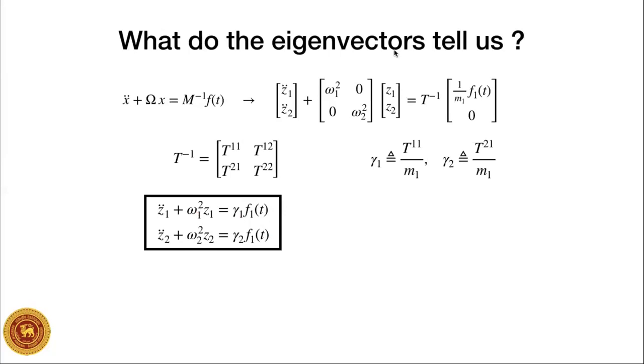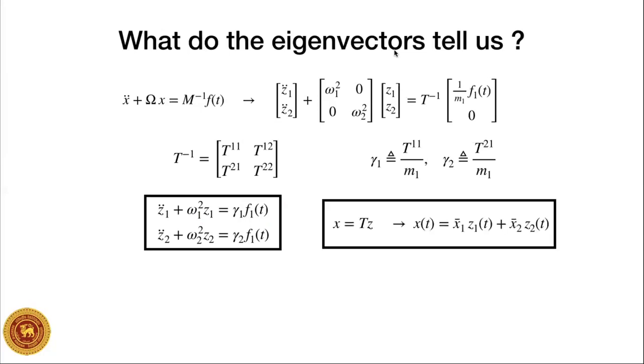So what have we done over here? We have used the eigenvectors of the omega matrix and found a new coordinate system in which the original differential equation is equivalent to two uncoupled spring mass systems or uncoupled oscillators.